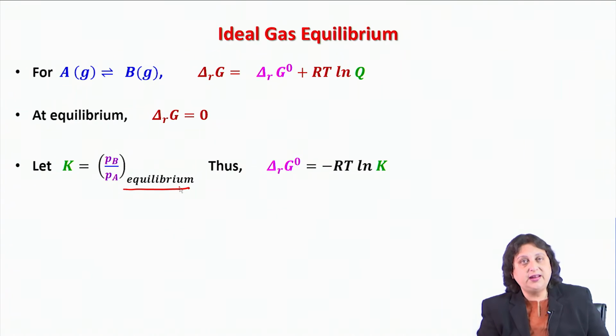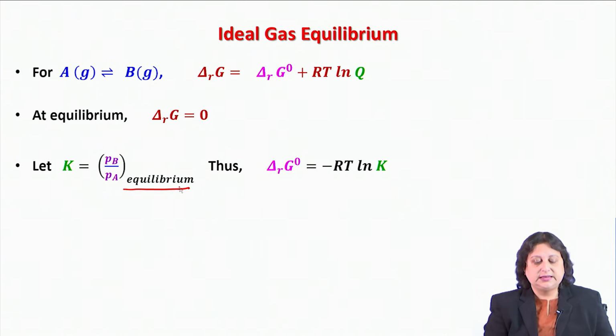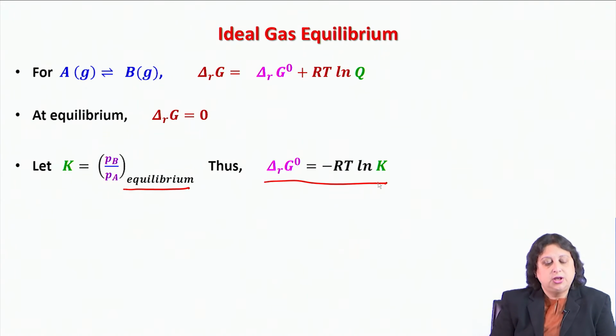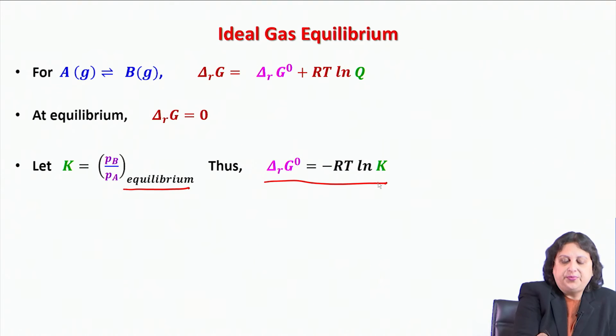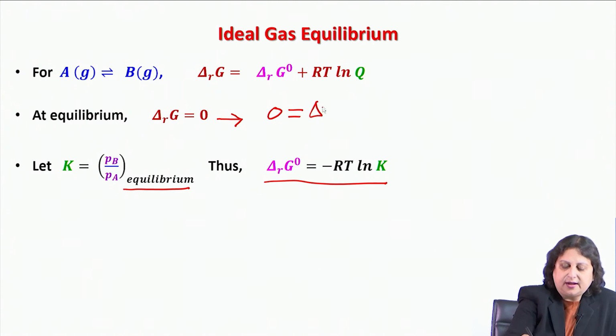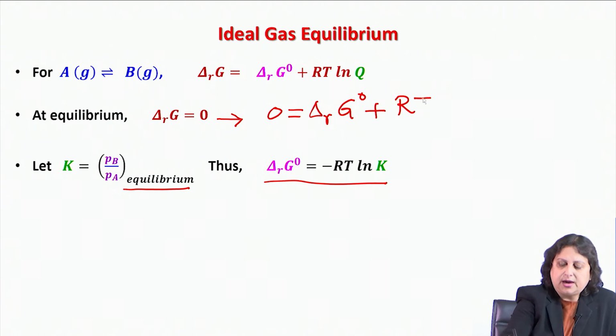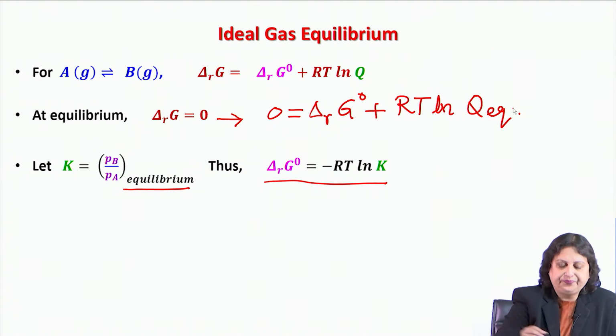Then I can very easily say that delta Rg naught is equal to minus RT ln K. So all I have done is, from this equation, I have written that 0 is equal to delta Rg naught plus RT ln capital Q at equilibrium.